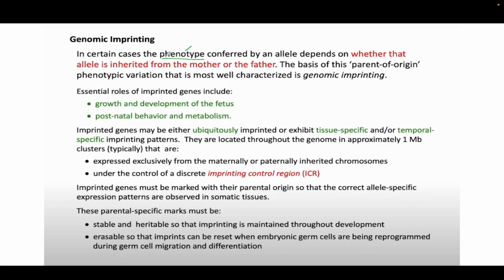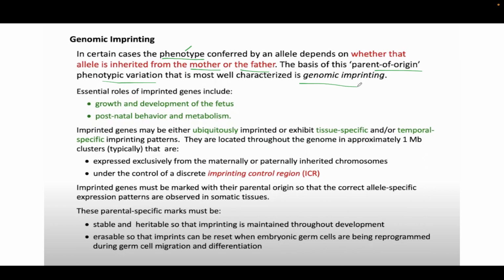In certain cases, the behavior or phenotype conferred by an allele depends on whether that allele is inherited from mother or father. The basis of this parent of origin phenotypic variation that is most well characterized is genomic imprinting.